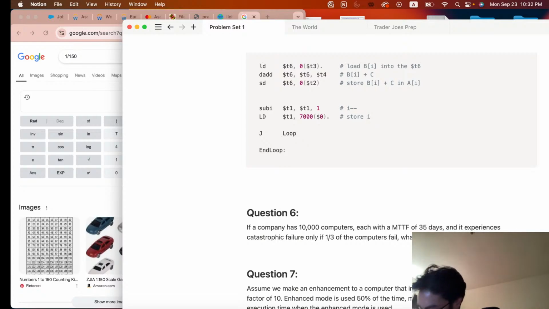So if this is 100% we use our fast time. S over F. This is really, really big.